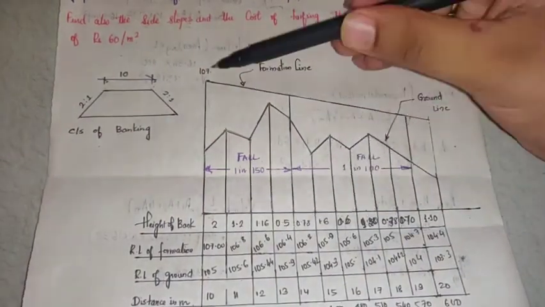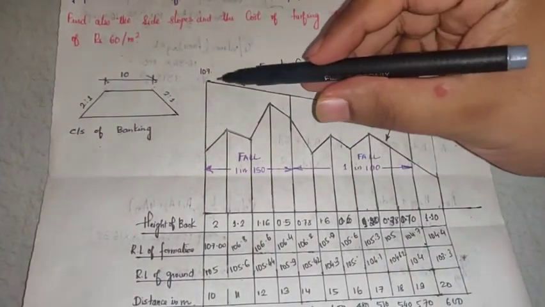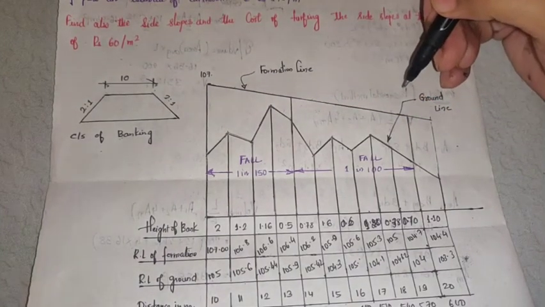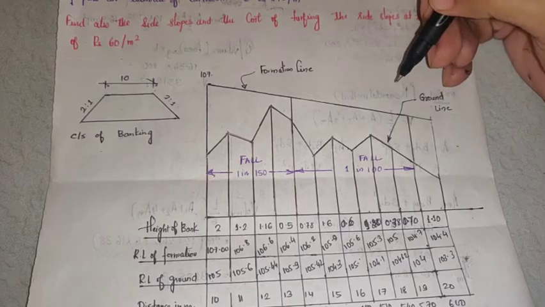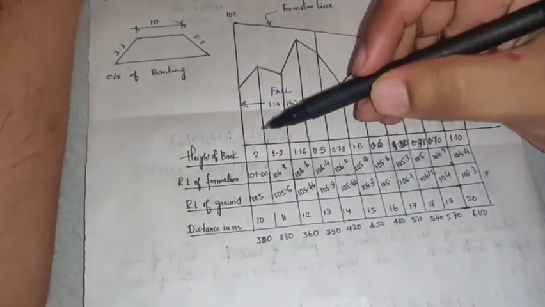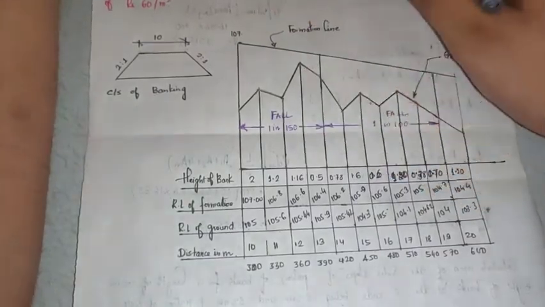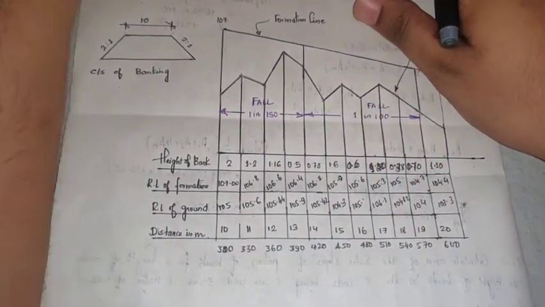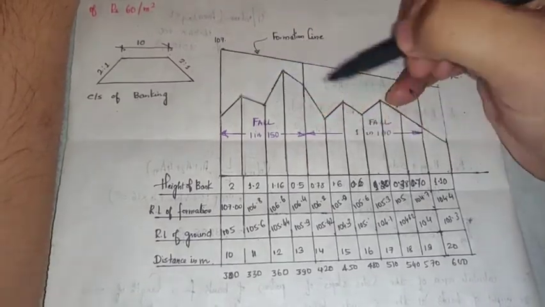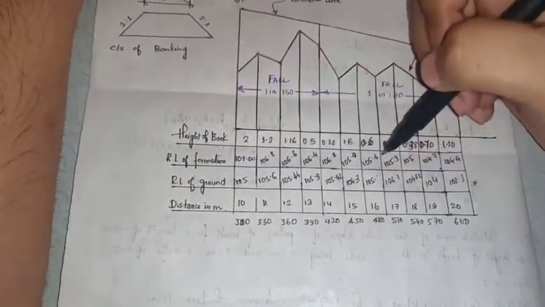So the RL of formation level is calculated so that you can make a stable profile of the ground. Right, the required level of the ground is achieved by fixing a formation level. Now I'll not go much into how to fix formation level, you have studied that in the survey part. This profile is drawn after you calculate the RLs of the formation level.